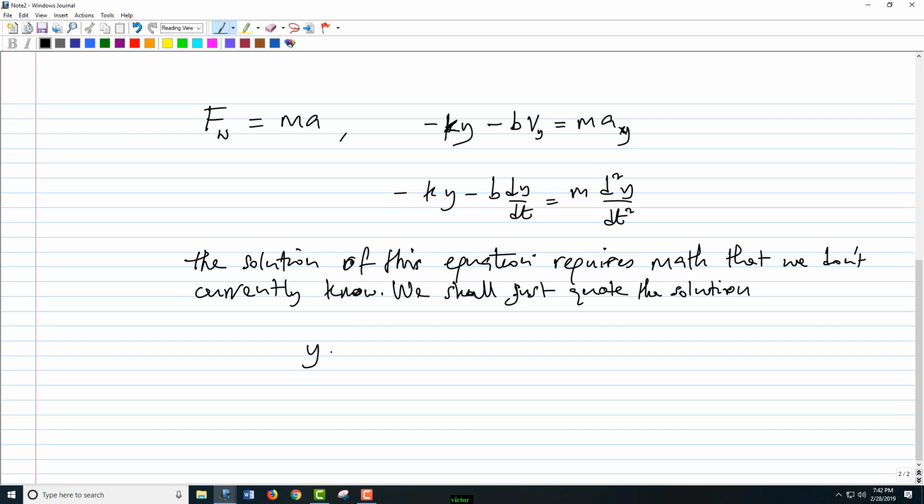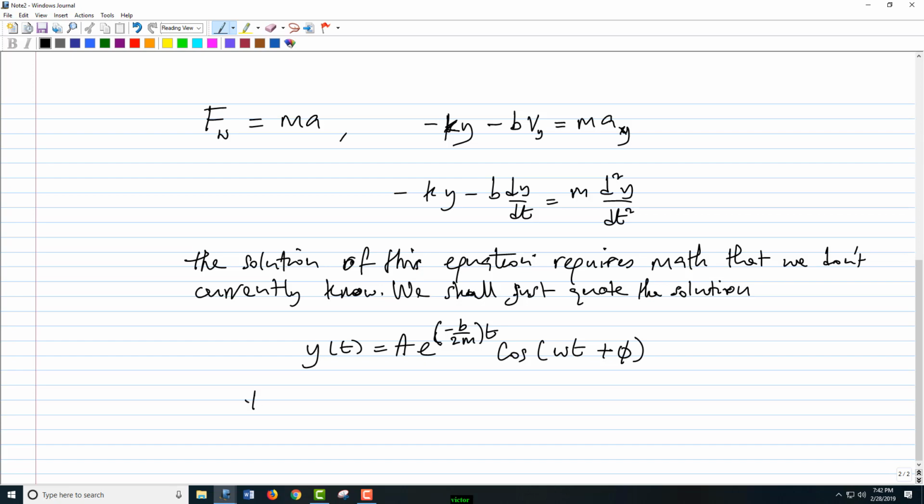So for now, the solution is given by y of t equals a certain constant A times the exponential function e raised to the power minus b over 2m times t, and then we have cosine of omega t plus phi. So this solution is basically like the previous solutions to any type of oscillatory motion. The only difference is that we have some extra term in front of the cosine of omega t plus phi.